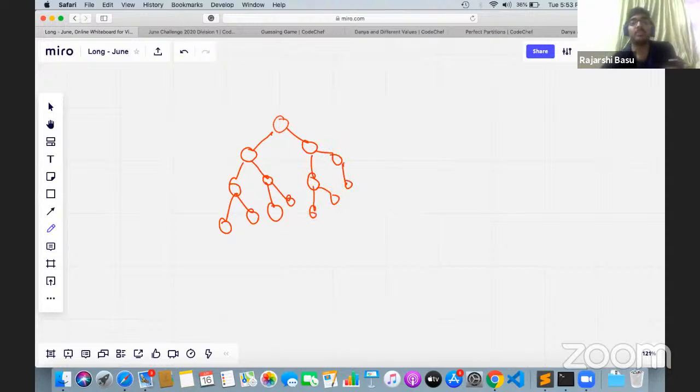So let me just mention a few prerequisites before the discussion of the problem. I will assume that you know small to large merging. I will assume that you know persistence and segment trees.